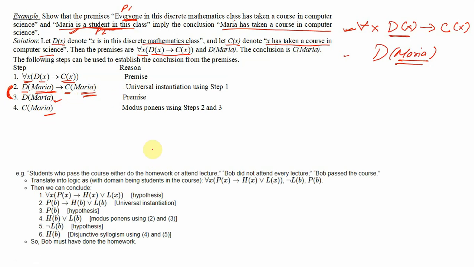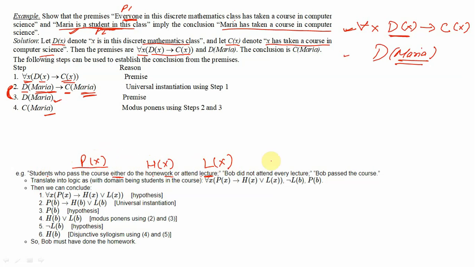Let's see another example. Students who pass the course either do the homework or attend the lecture. Please note the language. Let us say pass the course is px, homework is hx, lecture is lx.